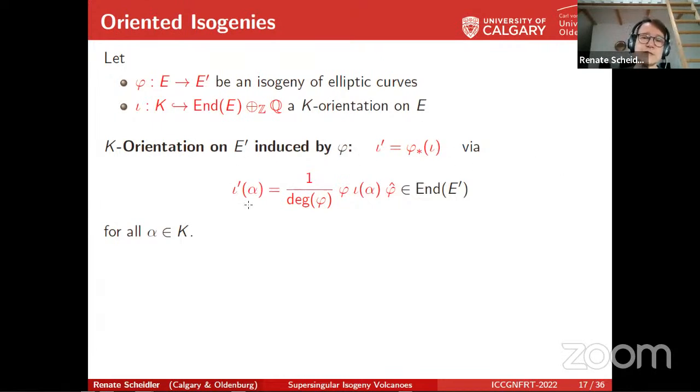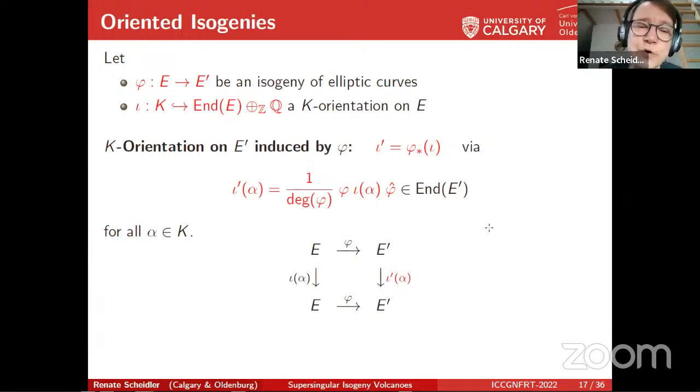The induced orientation is simply obtained with this formula. An orientation maps into the endomorphism ring, so if I stick in a field element, I get an endomorphism. So I of alpha here is an endomorphism, and I prime of alpha is also an endomorphism. Then you compose it with the dual of your isogeny on this side and the isogeny on that side, and you divide by their degree, and you get another endomorphism.